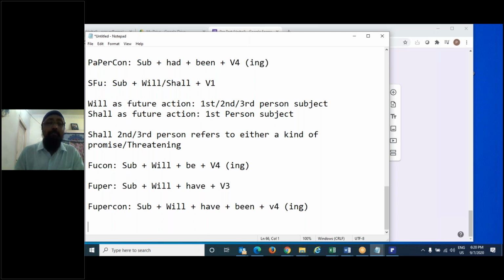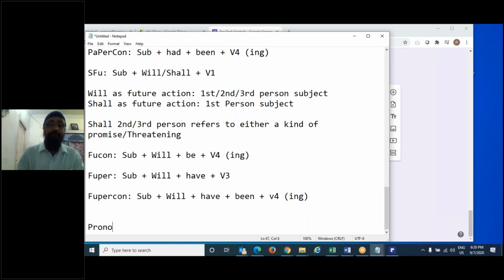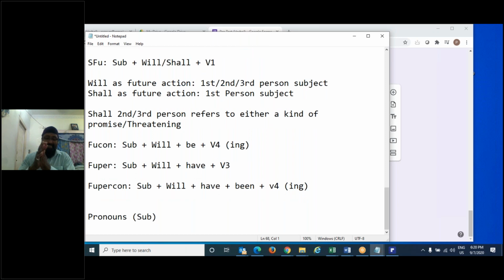For this, I will also like to talk about a little of pronouns. Pronouns are basically known as substitute words. That's what we understood. But pronouns as such, when we use them, do we use them only as a subject, or do we also see pronouns being used elsewhere in any sentence?